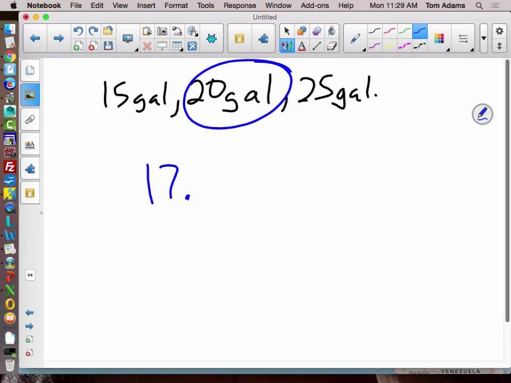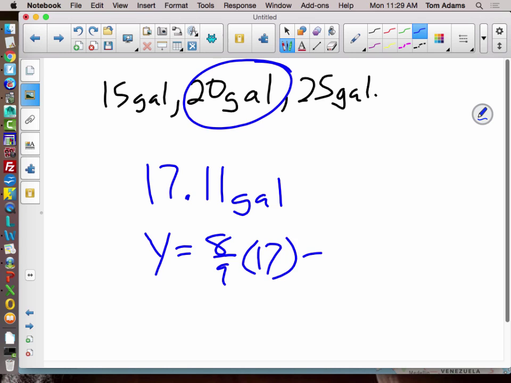Technically, we need at least 17.11 gallons based on our equation, right? And that's based on the fact that y equals 8 over 9. And we had a combined length of 17 inches, which gave us the 17.11 gallons. Are there any questions on that?